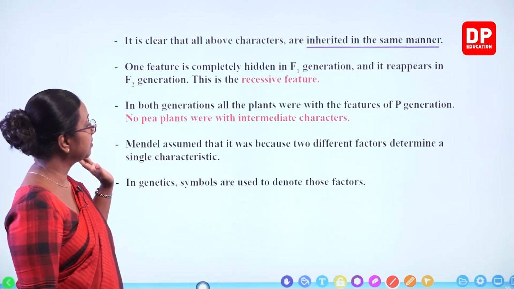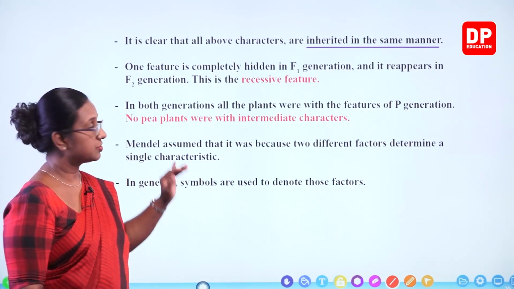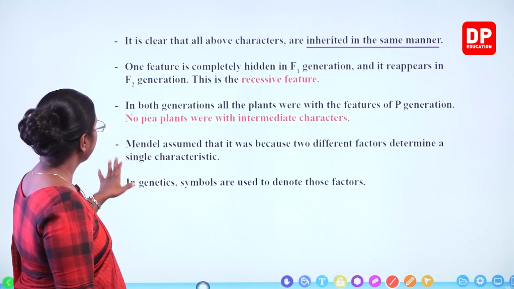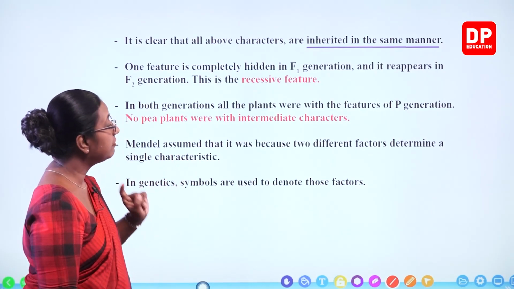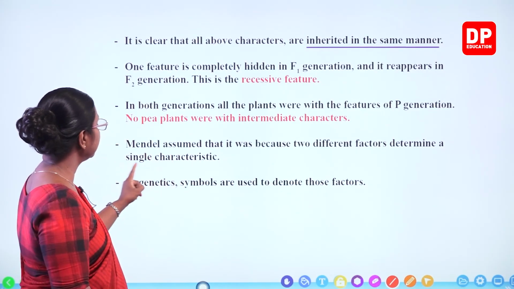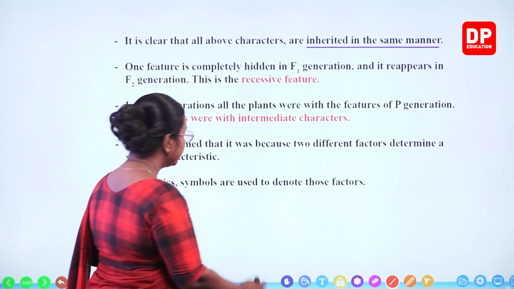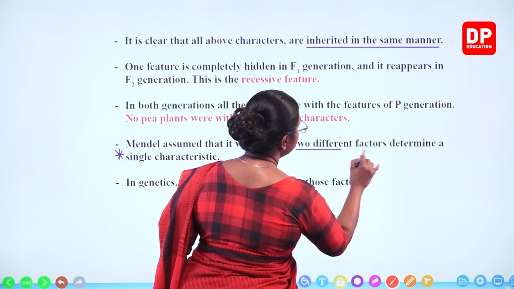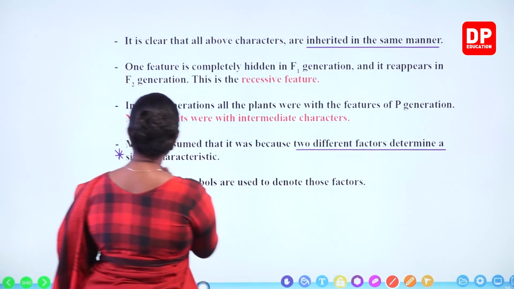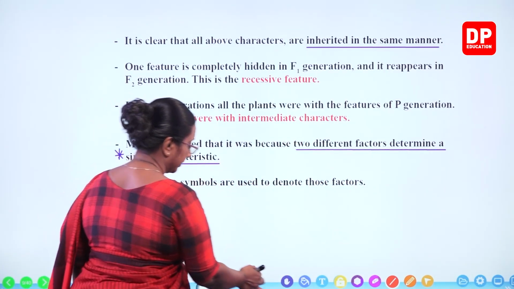No pea plants were with intermediate characters. All these were observed. Then Mendel assumed that it was because two different factors determine a single characteristic. That is very important. He said two different factors determine a single characteristic.